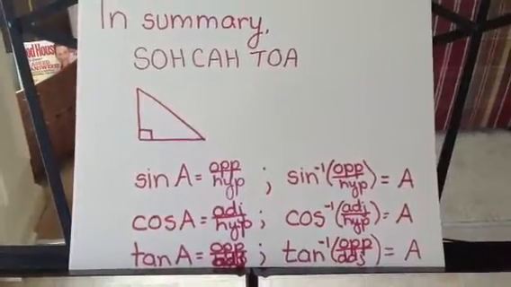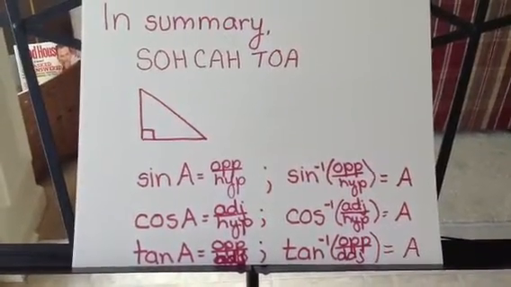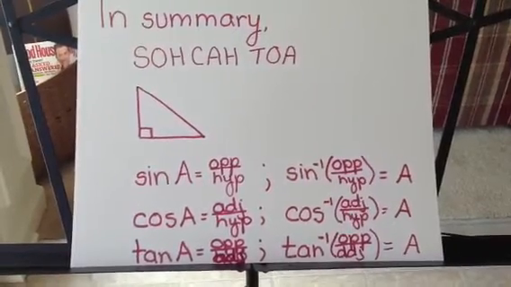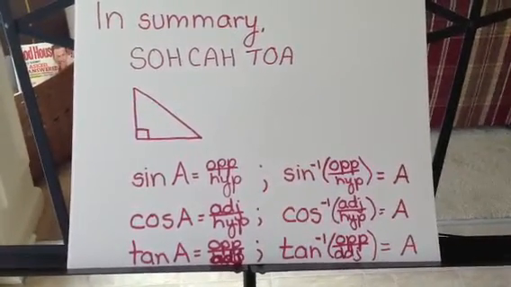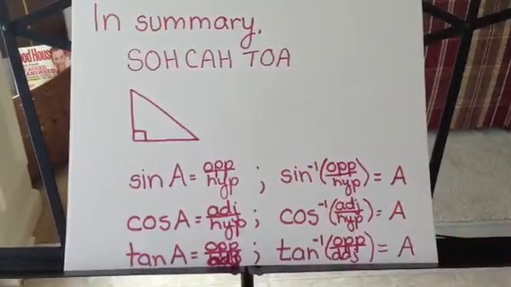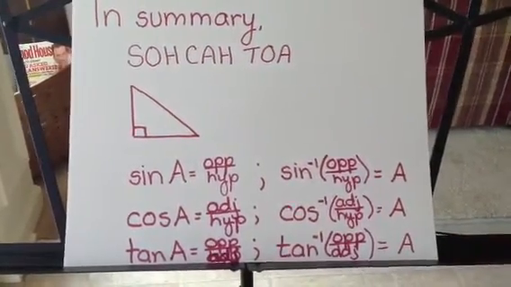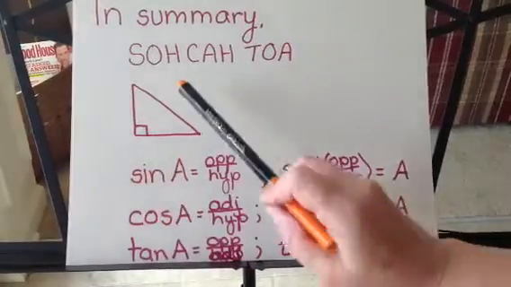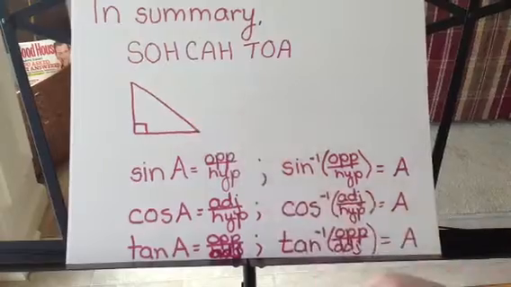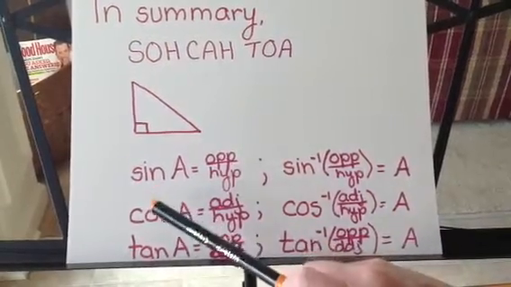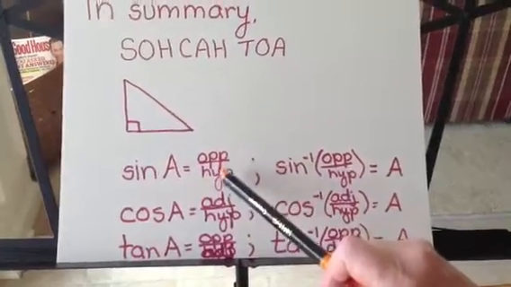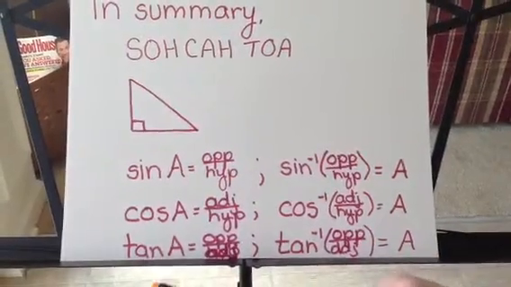So that was a lot of material we covered, and we will continue to go over that in class. But just to summarize, we've been learning about SOHCAHTOA for a couple of years now, so we're remembering again that SOHCAHTOA relates only to right triangles, and it means that the sine is the ratio of the opposite side to the hypotenuse in a triangle.